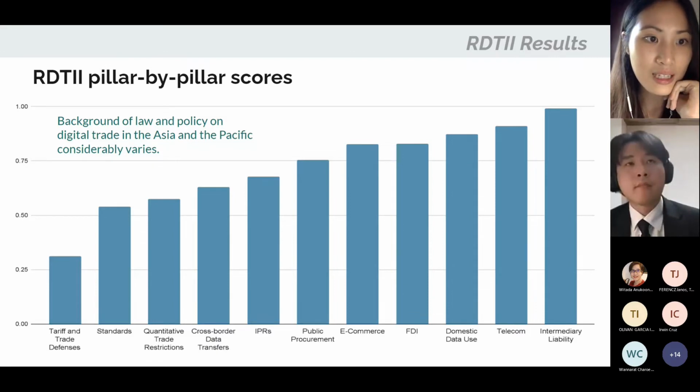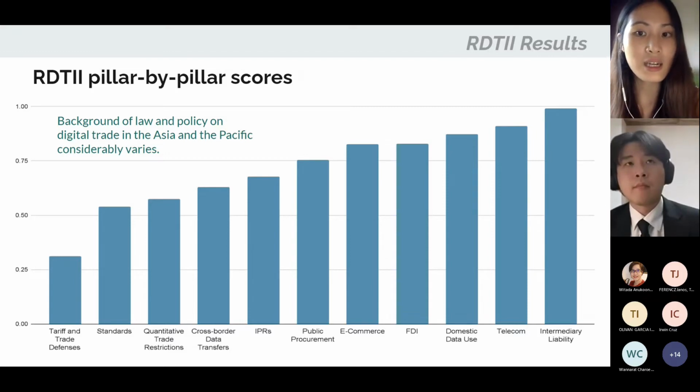This graph shows the level of openness and restrictiveness of the 11 RDTII pillars in the range of 0 to 1, where 0 refers to the most open and 1 refers to the most restrictive. The graph shows that tariff and trade defense measures, Pillar 1, technical standards, Pillar 10, and quantitative trade restrictions, Pillar 9, the traditional regulatory areas for international trade, are the most open areas.